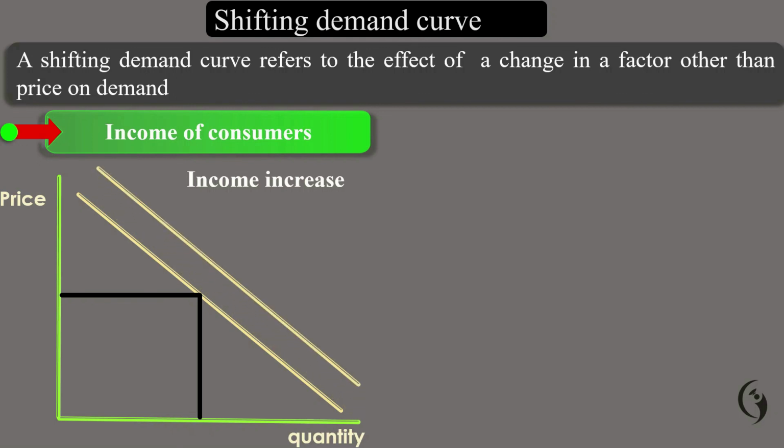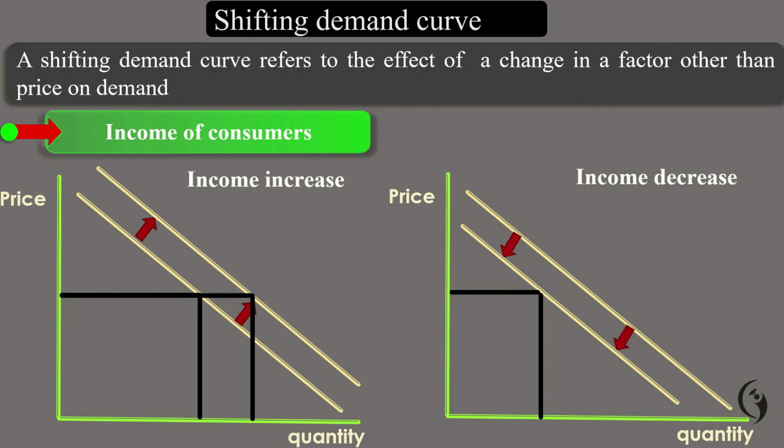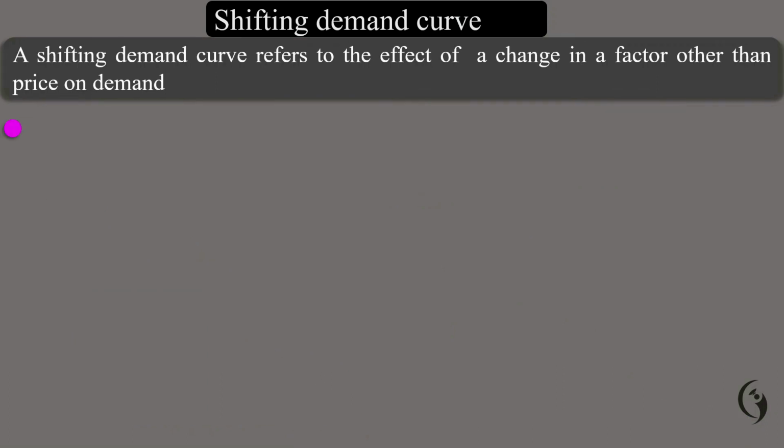So here there is a shift in the demand curve. That means he can buy more quantity at the same price level. On the other hand, if the income of the consumer decreases, the demand curve shifts downward. At the same price level, he buys less of that good.